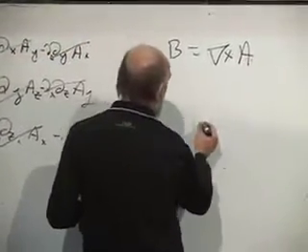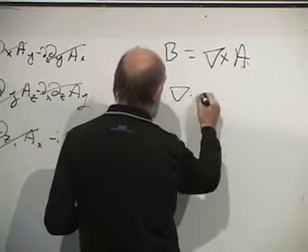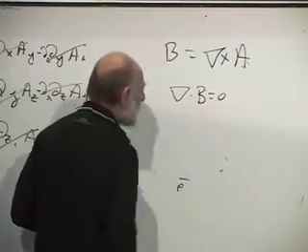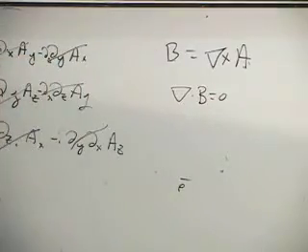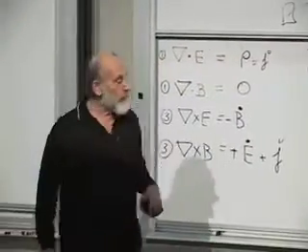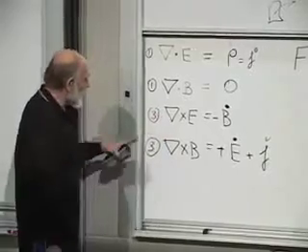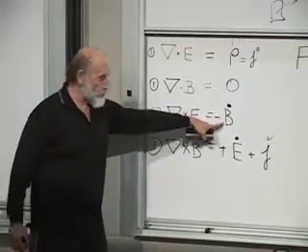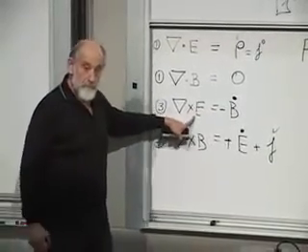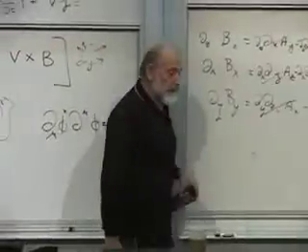For any A, the curl of A is B, and from that it follows that del dot B is equal to 0. So this equation is not an equation of motion, it's just a consequence of the definition of B. So is this one, a consequence of the definition of B and E in terms of the vector potential. That's relatively easy to prove.